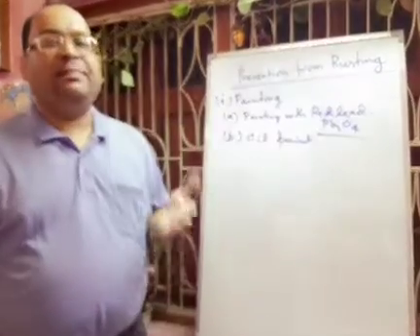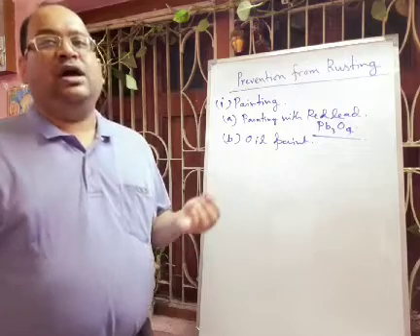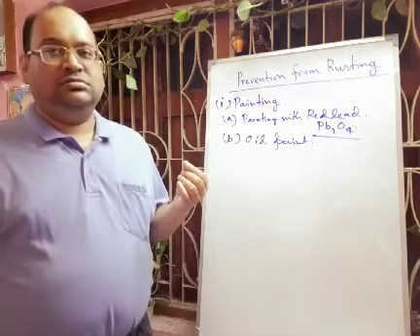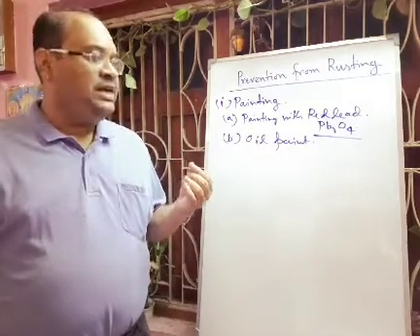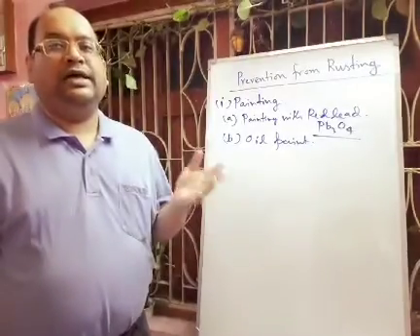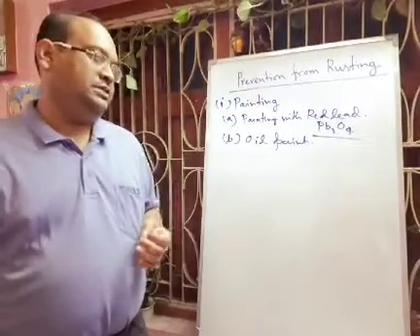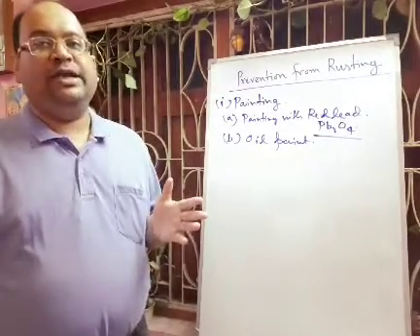And this paint will help the iron surface to remain rust free for a long time, as long as the paint lasts on the iron surface. Hope you can understand what I am telling.